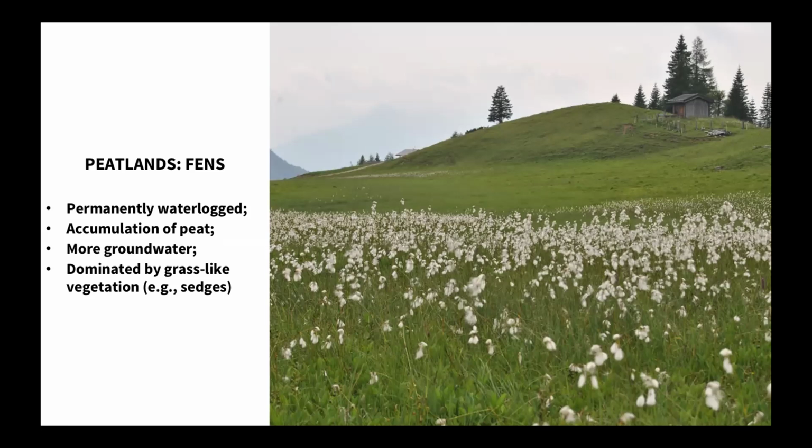The difference between fens and bogs can usually be found in the fact that fens are mostly fed by groundwater, for example by springs or water tables directly, and they are also usually found in lower areas in the landscape, for example in small valleys or holes, and they tend to be dominated by grass-like vegetation.